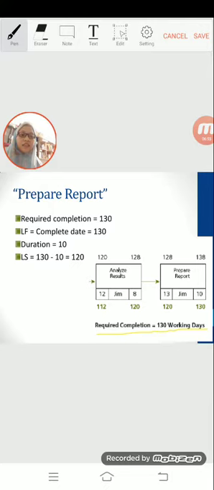Therefore, the latest that prepare report, the last activity, can finish is 130. So here we put 130. And the latest that it can start is day 120 because its estimated duration is 10 days.